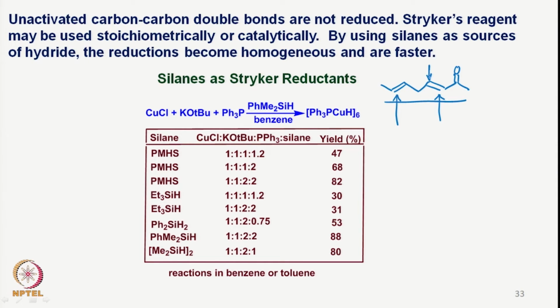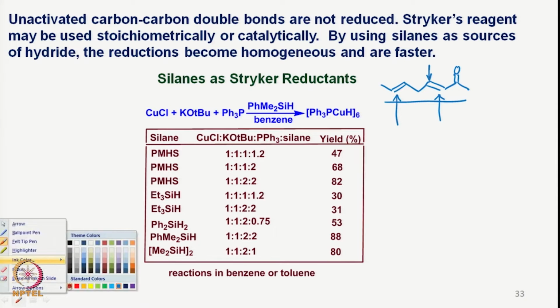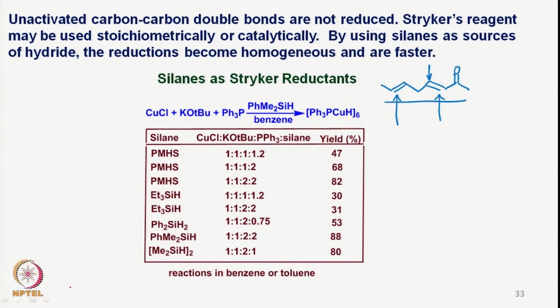So it is a very useful reagent, and it can be used catalytically, but if one wants to use it in a stoichiometric way, we can do that also. And now there have been many studies in which different types of silanes have been utilized for the reduction of this particular complex in such a way as to form the Stryker's reagent.